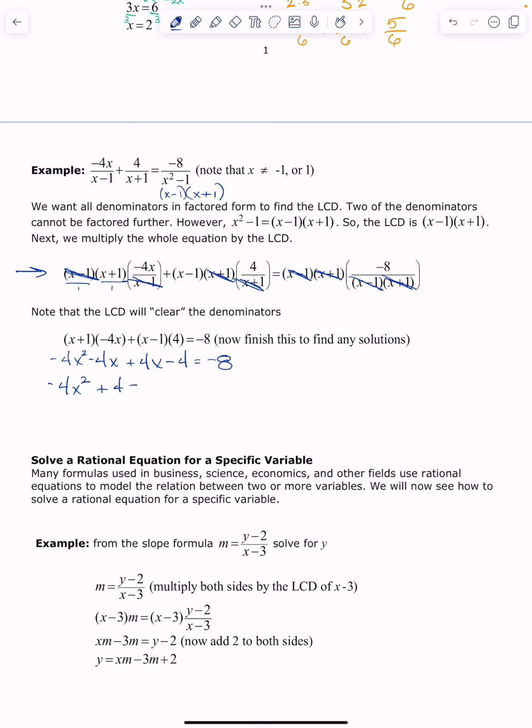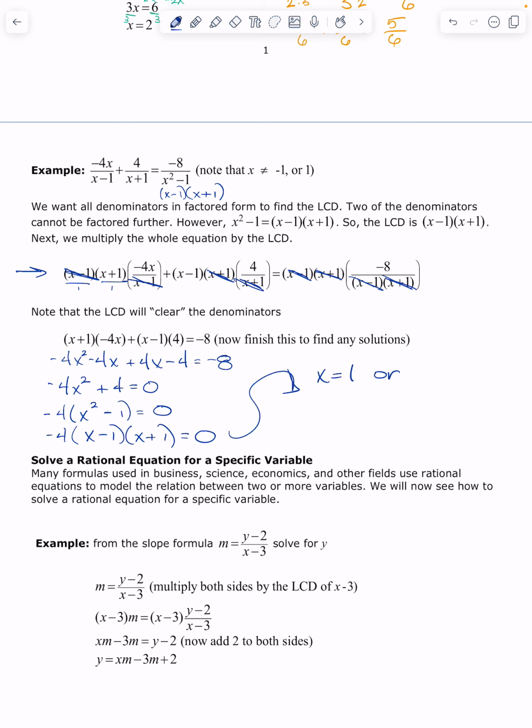I got plus 4 when I move the 8 over. I'm going to factor out the negative 4. So I get x squared minus 1. When I factor that, I get x minus 1 times x plus 1, which means x equals 1 or x equals negative 1.